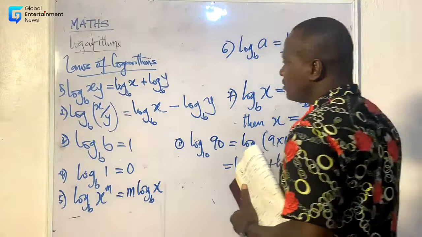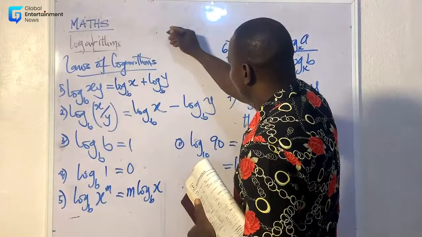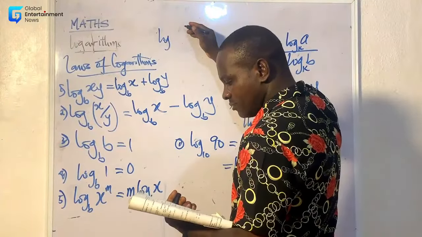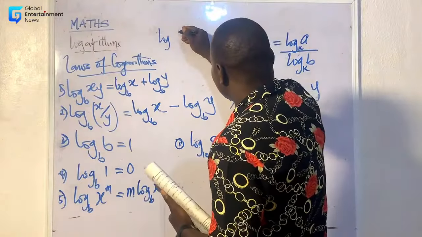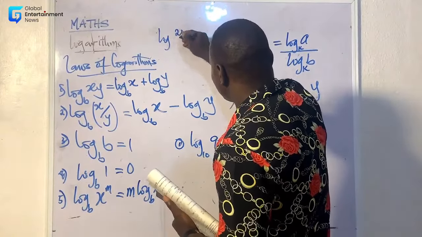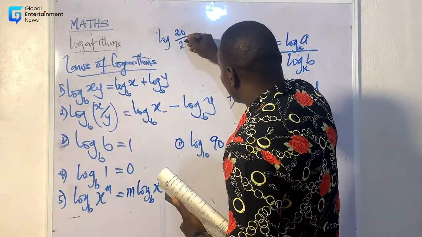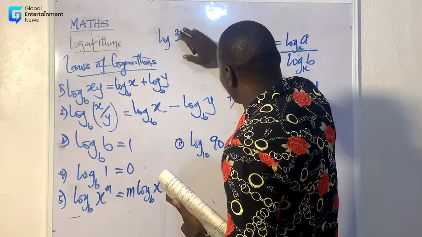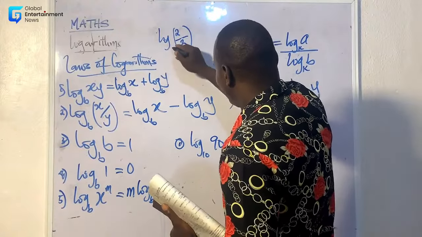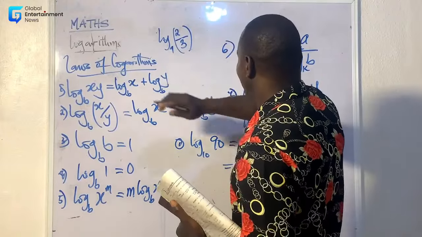And the second one, for the division law, maybe I have log 2 over log 3, and I have base 4. So what do I need to do?